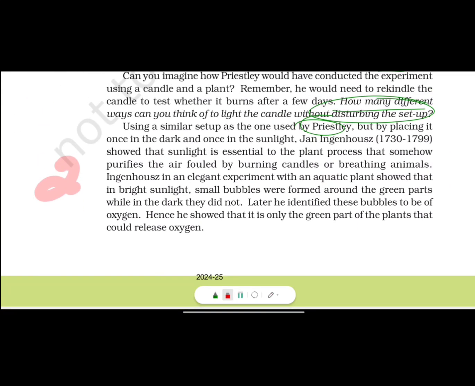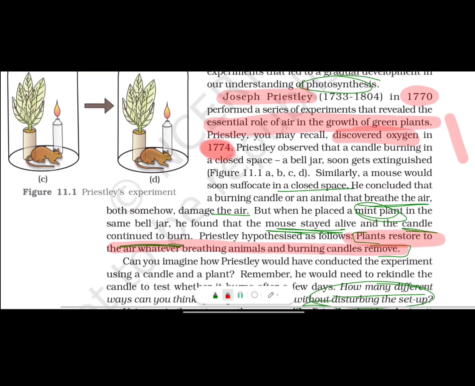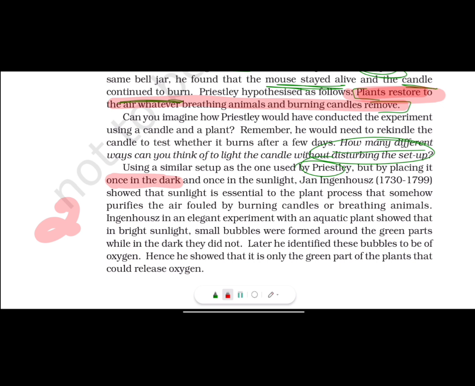Okay, let's move on to the second experiment, the next experiment after Priestley. We have to do the same setup but once in the dark and once in the light.